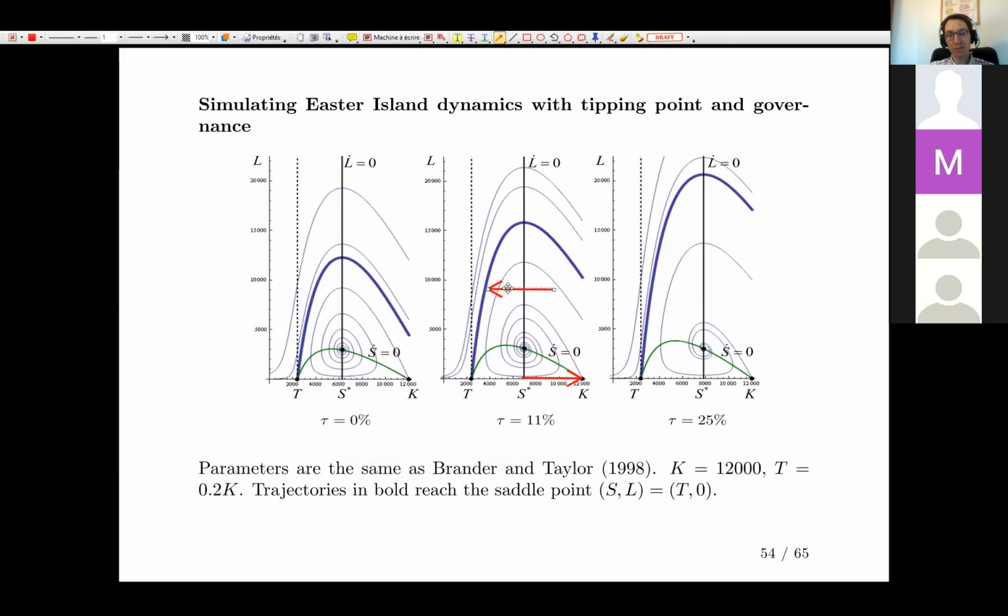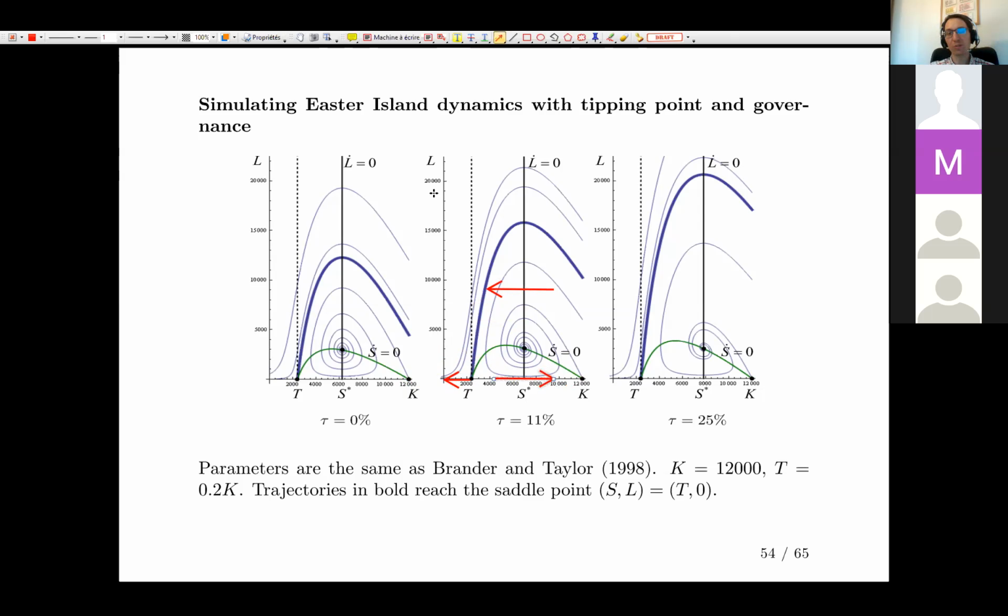What we also know is that if you have nobody on the island, but you have a stock of resources below T, the threshold or tipping point, then the stock of nature goes to 0, even if nobody is exploiting it. So that's the new way to describe the dynamic.